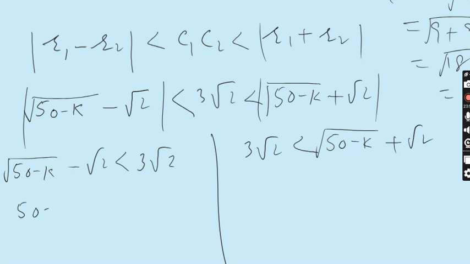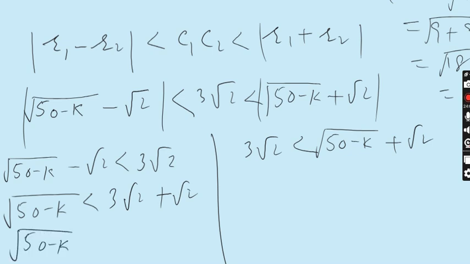So root of 50 minus k is less than 3 root 2 plus root 2, which is 4 root 2.